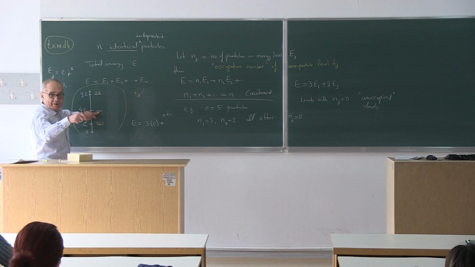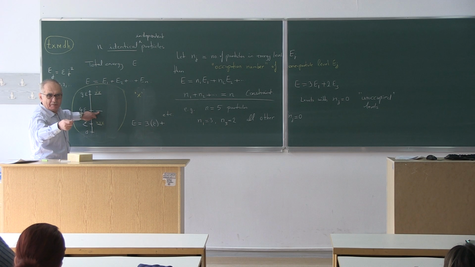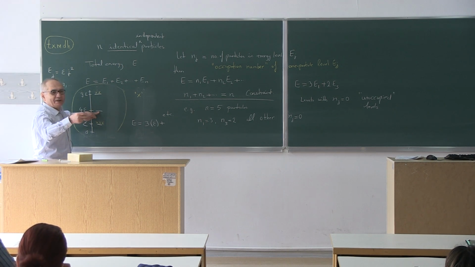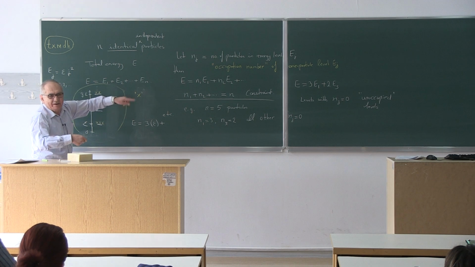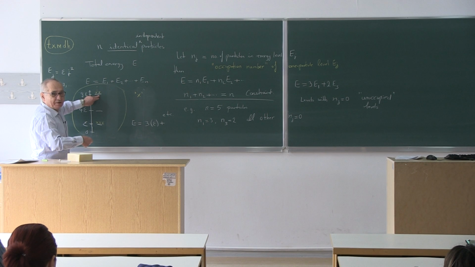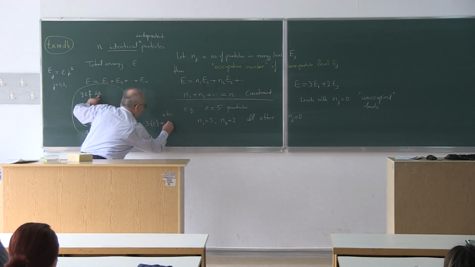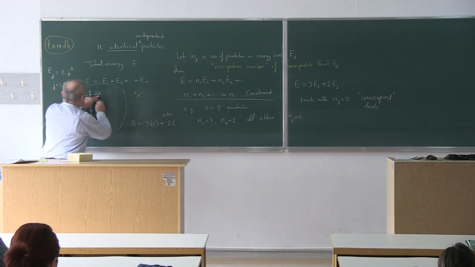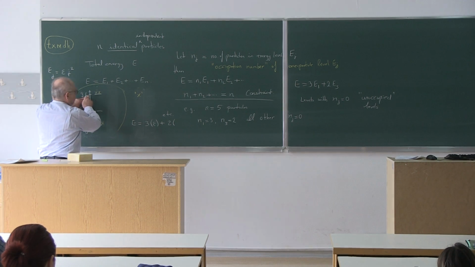Occupation number is 0. So 0 times something always will give 0. Such 0 results are not written explicitly. We just skip them. The next one is occupied by 2 particles. And what is the energy of each particle? 9 Eps.